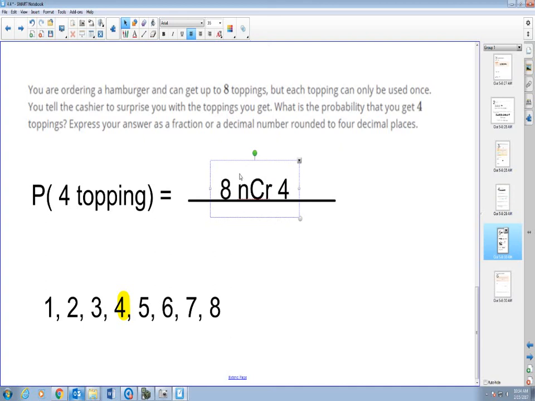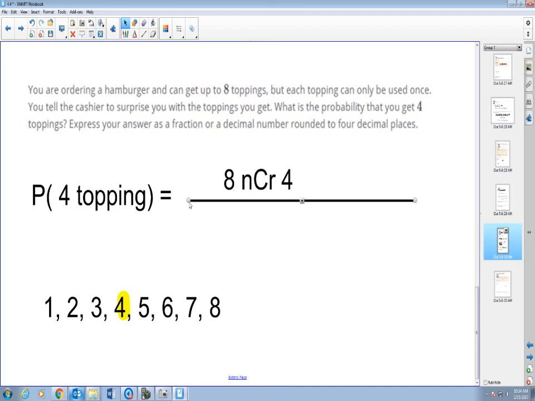So that will be 8 choosing 4. But the denominator is much harder, because the denominator is the total number of ways I can get up to 8 toppings. 4 toppings is just one of these scenarios.